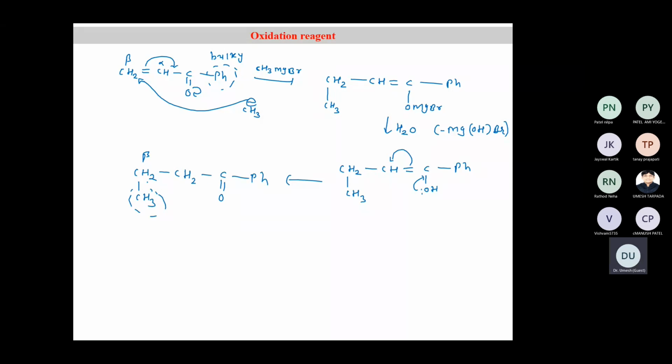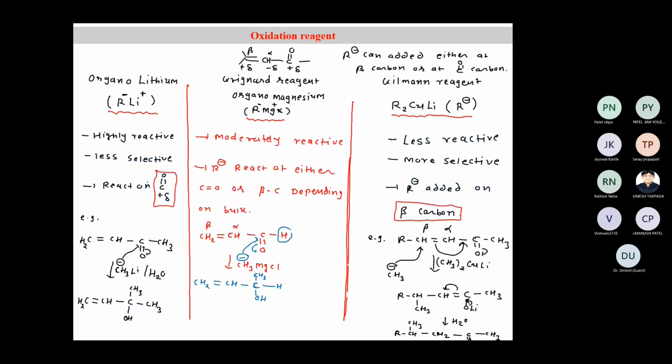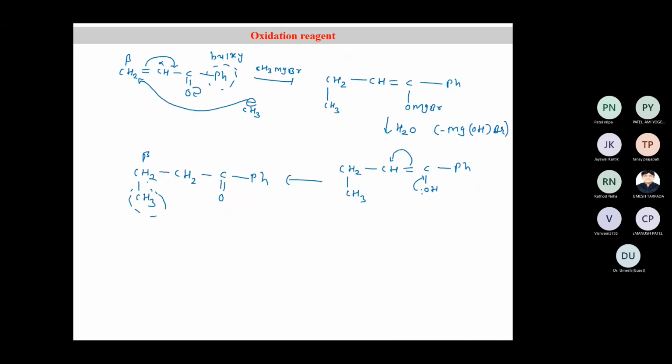So these are the three very important reagents. Now we check their detailed applications. First we go for the Grignard reagent.